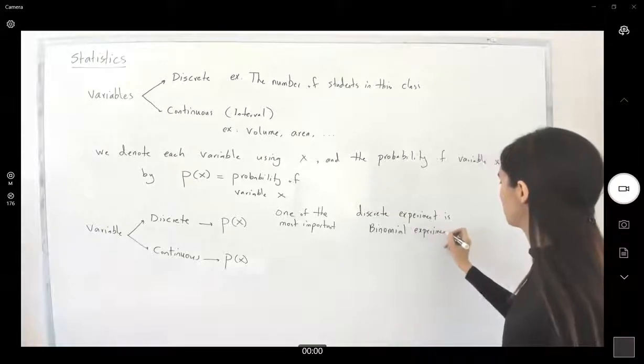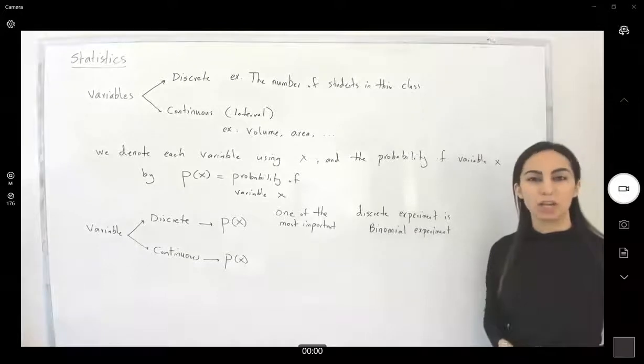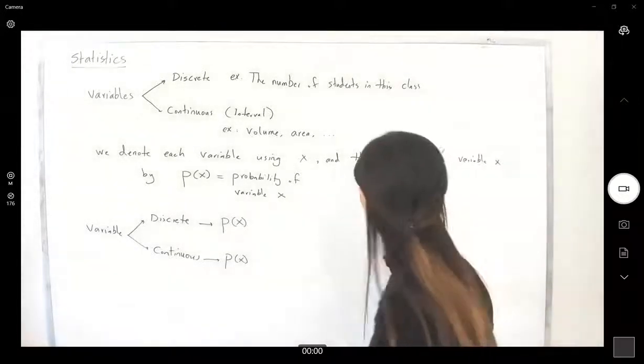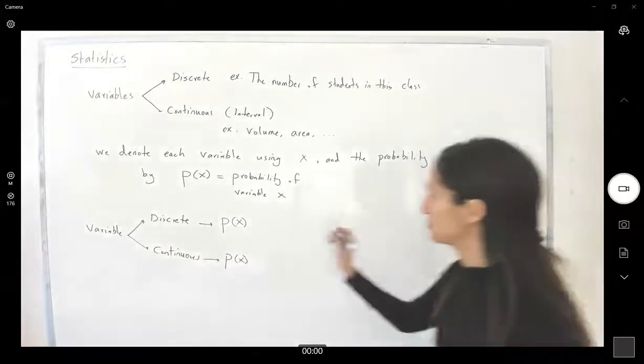So when you have a binomial experiment, you can identify that by the following properties.